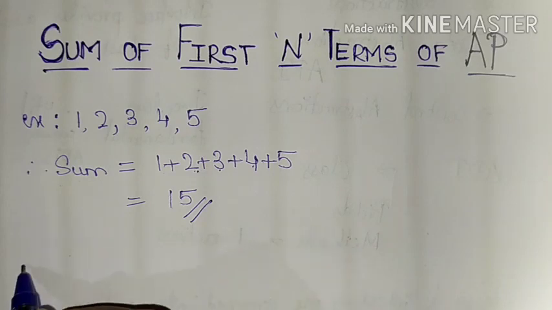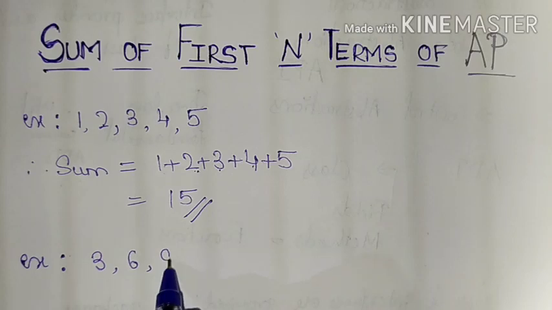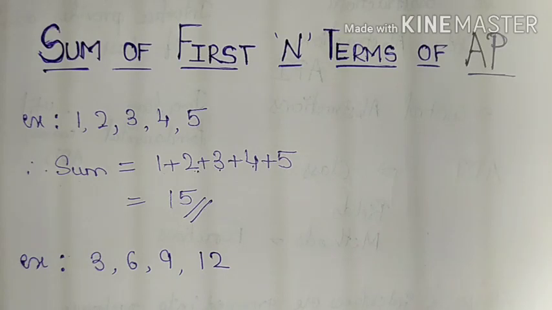Now, take another example. 3, 6, 9, 12. So, what is the sum? This AP consists of 4 terms. So, what is the sum of first 4 terms of this AP?